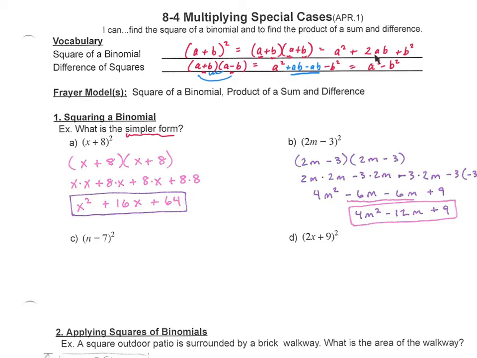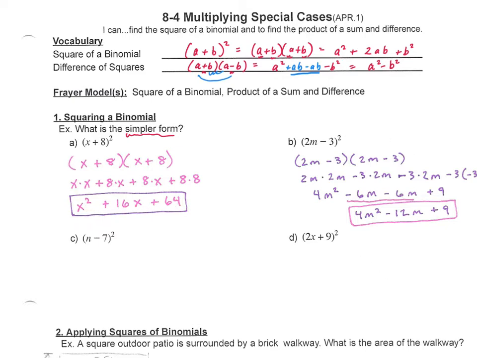As I said, you're going to have 2 times a times b. In this example, a is x and b is 8, so a times b is 8x, and 2 times that is 16x. Being able to see that pattern forming.